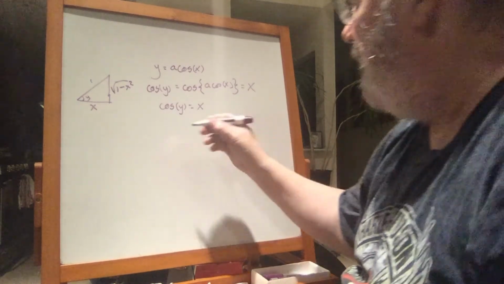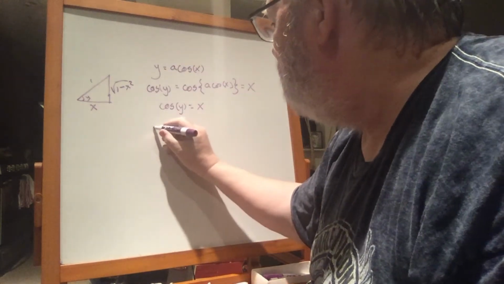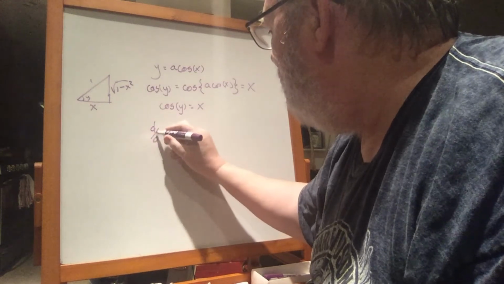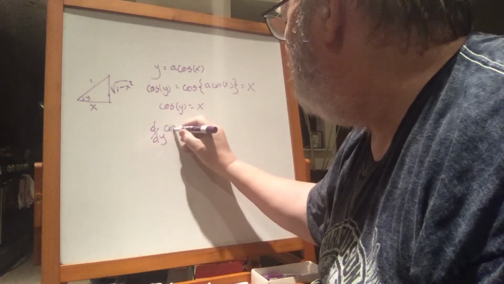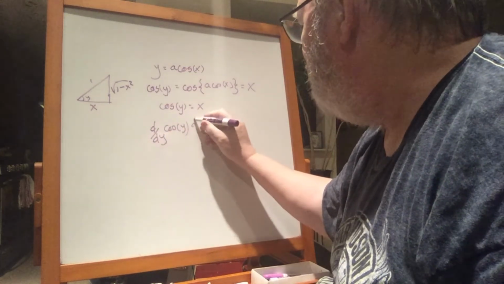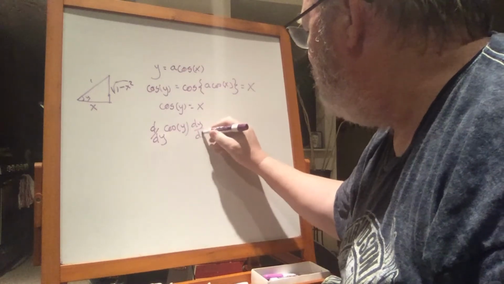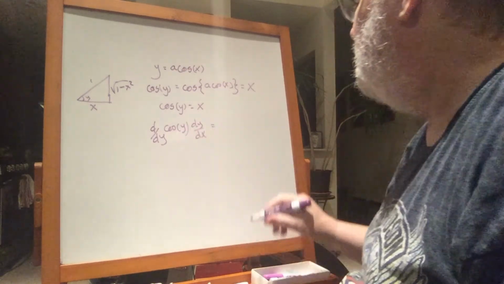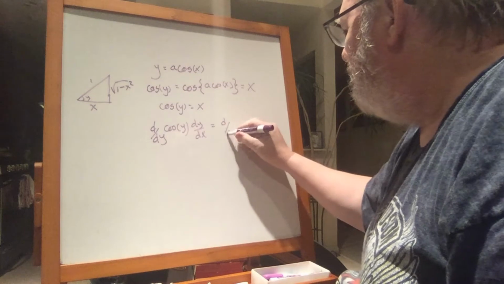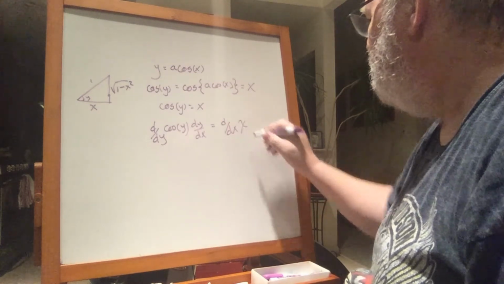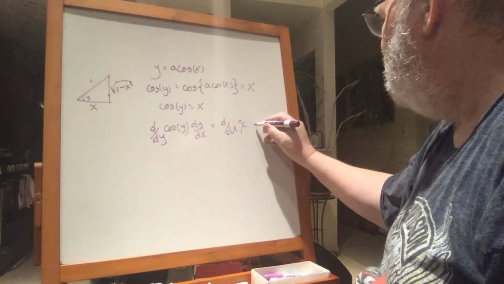So now we apply the chain rule. d dx of cosine of y, dy dx, equals d dx of x, and that's equal to 1.